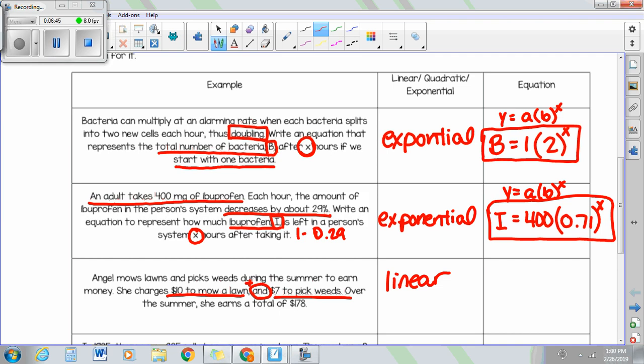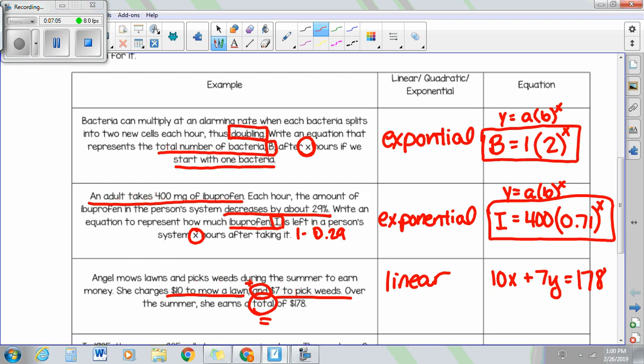She charges $10 per lawn, and she earns $7 every time she picks weeds, and she earns a total, which is my equals word, of 178.